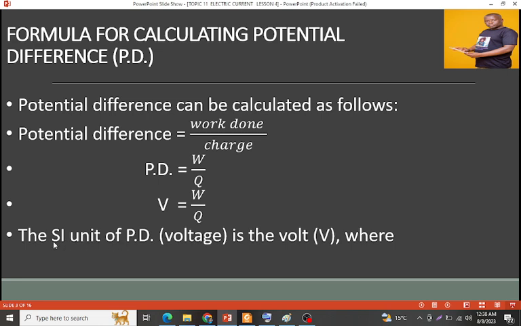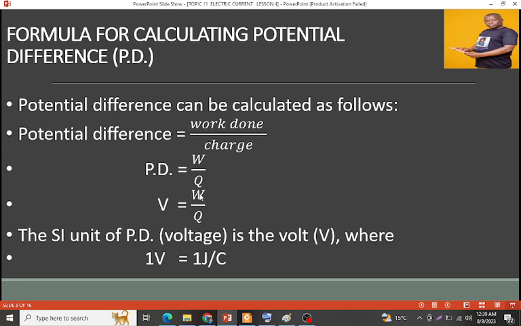The SI unit of voltage or potential difference is the volt, symbol V. The symbol for voltage is a V, and the symbol for the unit, volt, is also a V. 1 volt of potential difference is the same as 1 joule per coulomb.